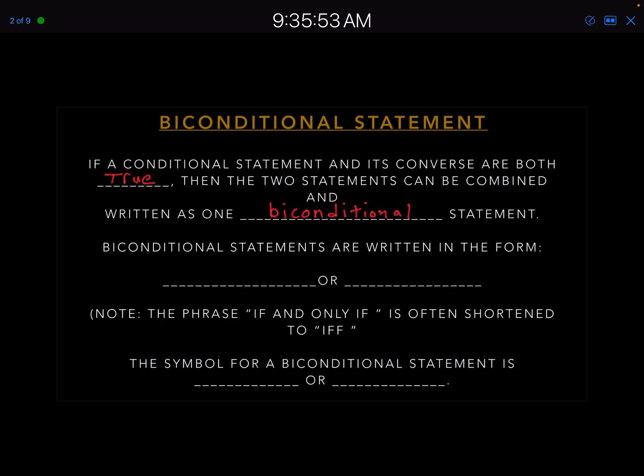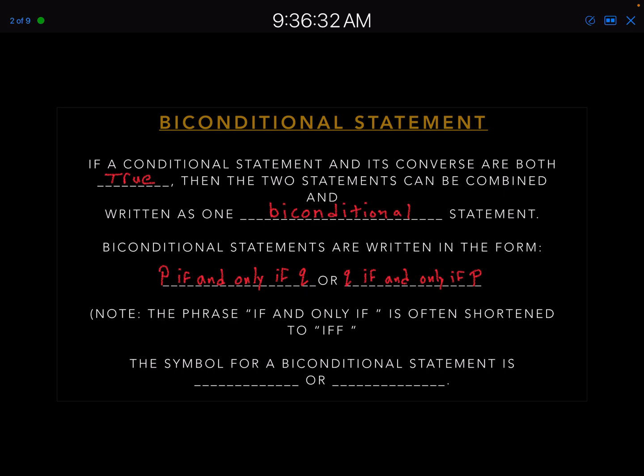So if the conditional statement is true and the converse is true, then we can combine those two and write them as what we call a biconditional statement. Biconditional statements are written in the form P if and only if Q, or Q if and only if P. Now remember, P is our hypothesis, Q is our conclusion.